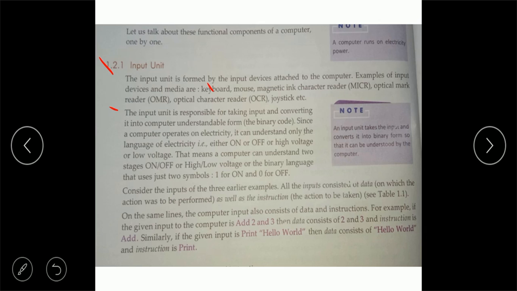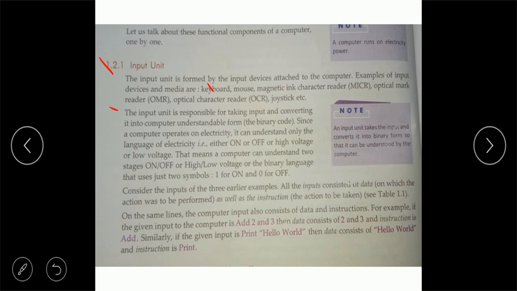You can see the reason given there: the computer operates on electricity, and it can understand only electrical signals, that is on and off, or low voltage and high voltage. So the computer has only two states of understanding, on and off. Here on stands for 1 and off stands for 0.